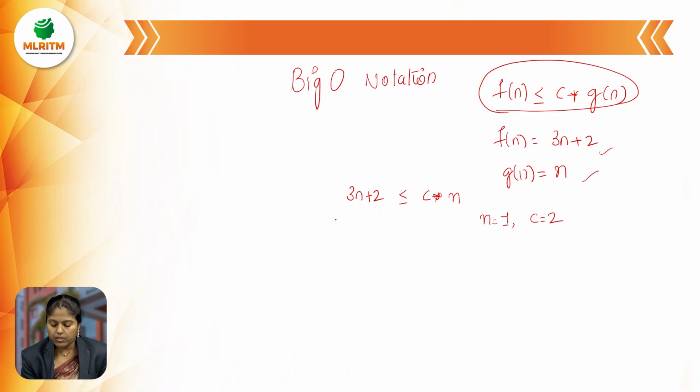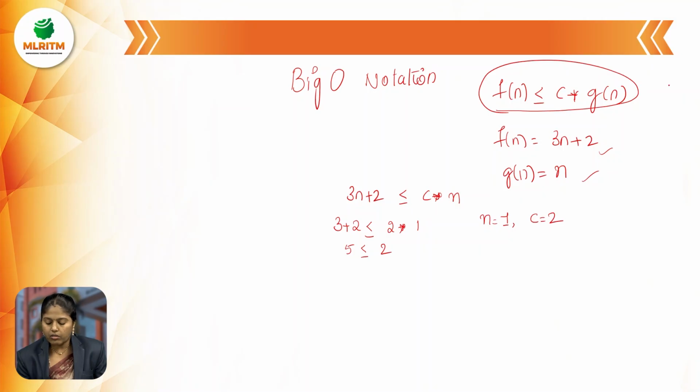That is 3 into 1 is 3, plus 2, less than or equal to c into n, which is 2 into 1. That is 5 less than or equal to 2. Is this condition true? It is false, so these values are incorrect for this equation.